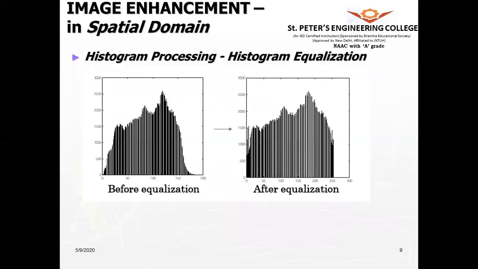If you observe the image here, this is before equalization. You can see that the intensities are much less than 200, but after equalization, you see the graph has increased in the vertical direction, and the intensities have also increased in the horizontal direction up to 250. So we call this the histogram equalization operation.